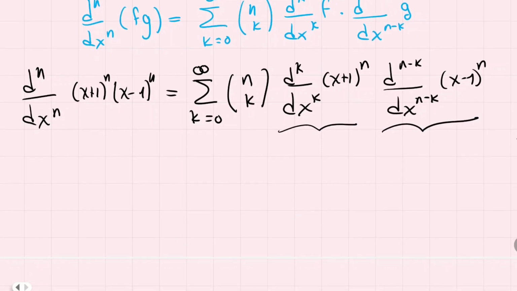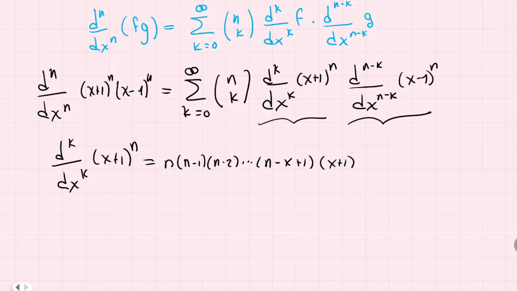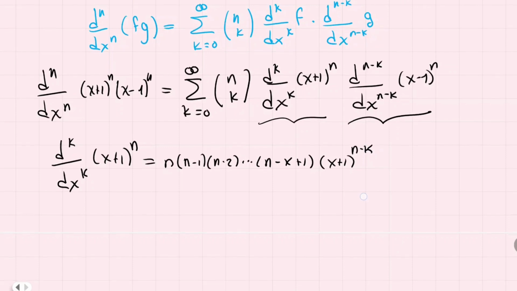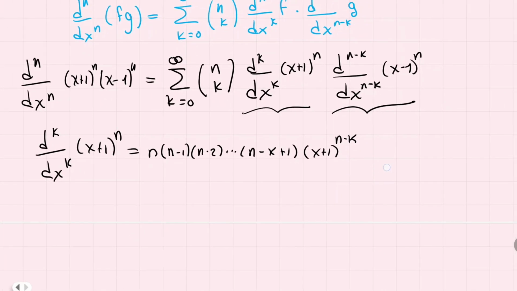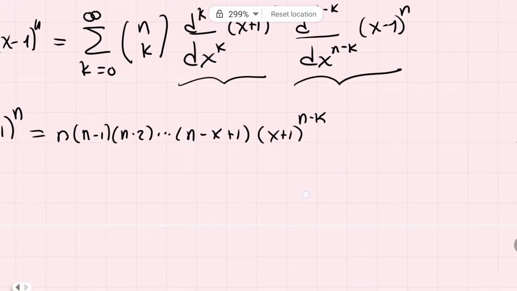Okay, it will be very similar to what we have done on the first step of the video. So the kth derivative with respect to x of x plus 1 to the n power will be, well, n times n minus 1 times n minus 2 all the way up to n minus k plus 1 times x plus 1 to the n minus k. Okay, making a similar process to what we did on the first expansion of the video.